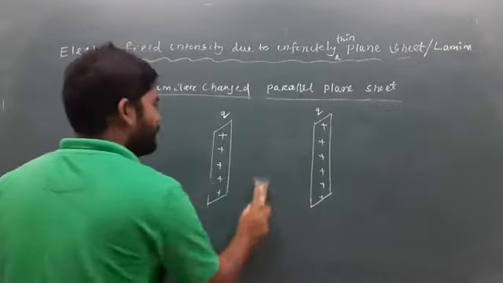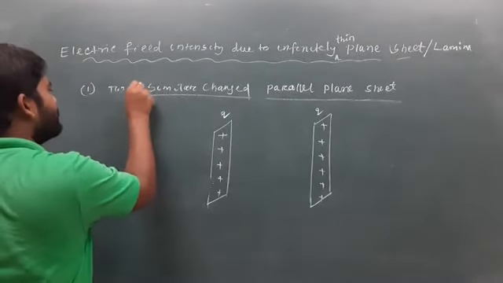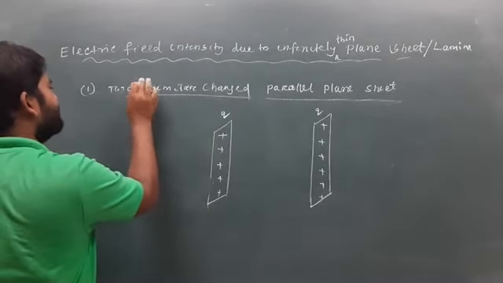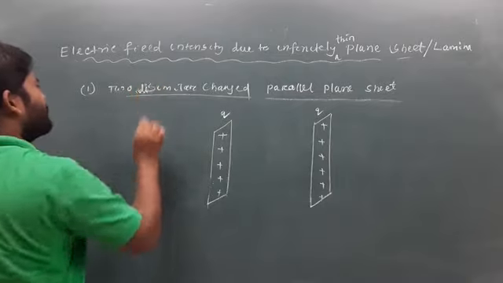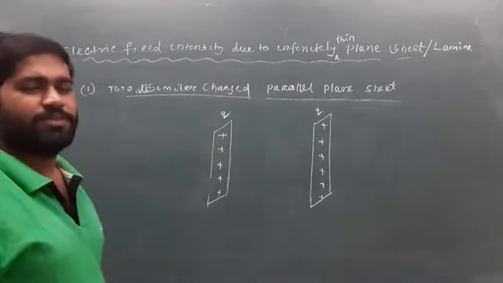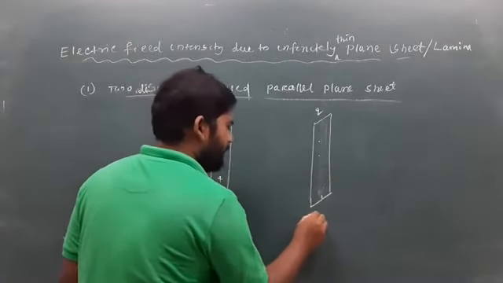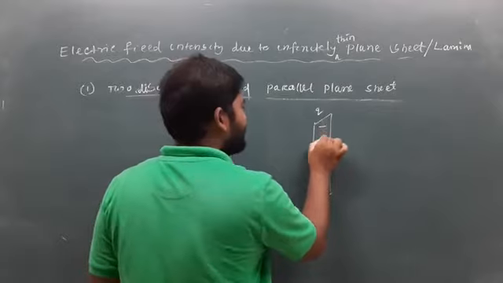If we consider two dissimilar types of electric field, two dissimilar types of parallel plane sheets, that means they contain opposite types of charges. Suppose I consider that plate B contains negative charge.